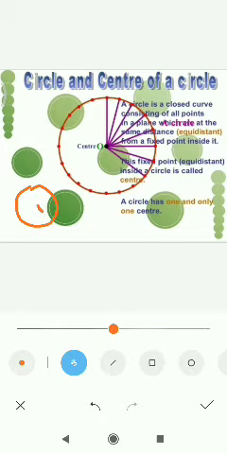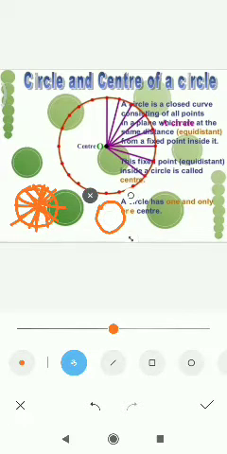So from the center of the circle, if you draw lines to points on the circle, you get to know that all these lines are of the same measurement.